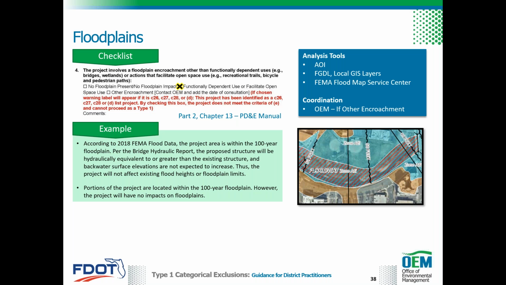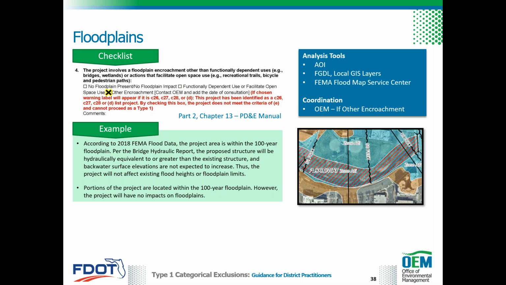Examples include bridges and also wetland mitigation projects. The term facilitate open space use is intended to capture projects that do not lead to additional base floodplain development and are compatible with the restoration and preservation of natural and beneficial floodplain values. Examples of this would include things like recreational trails and bicycle and pedestrian paths.